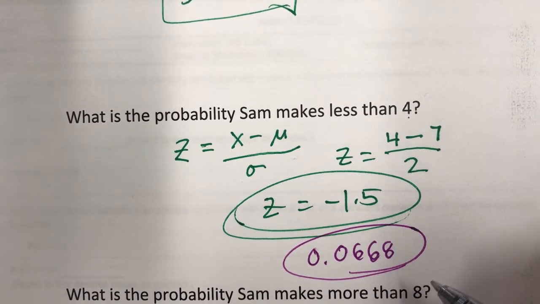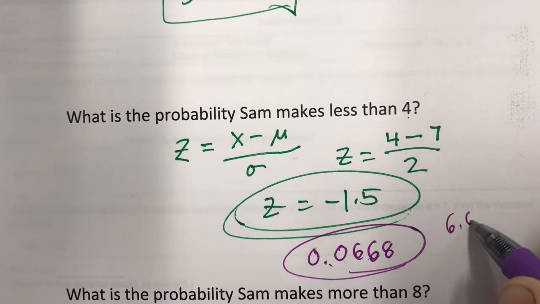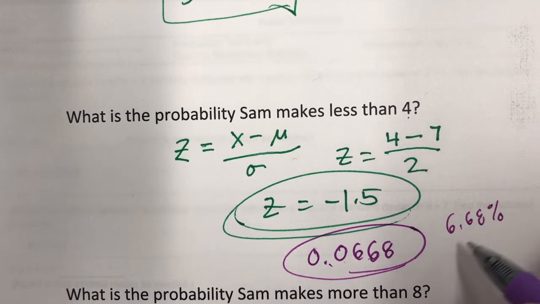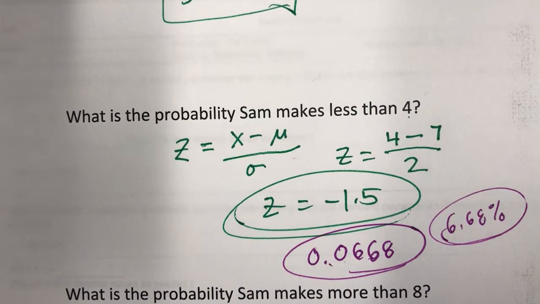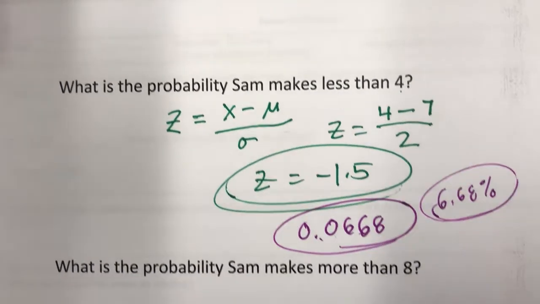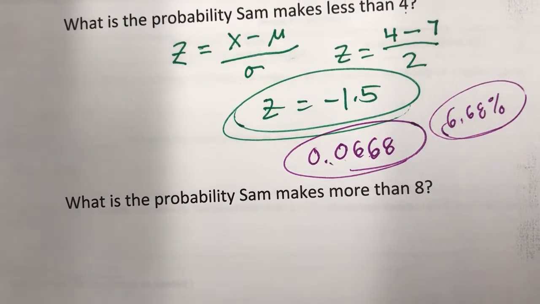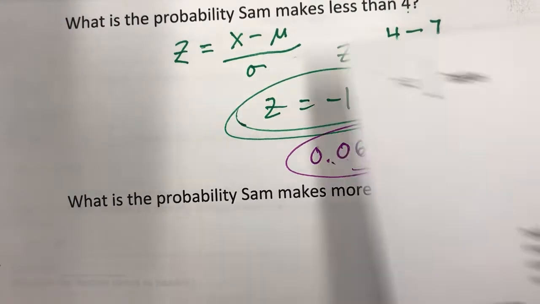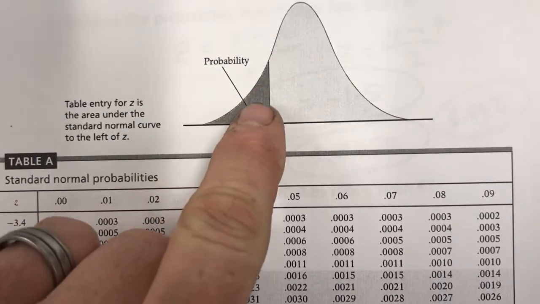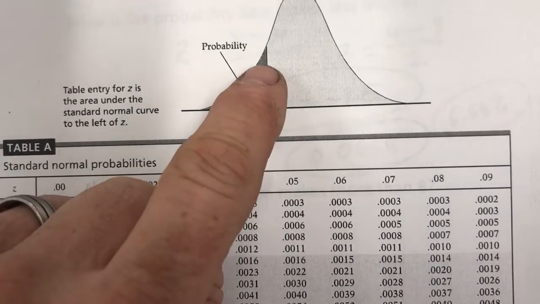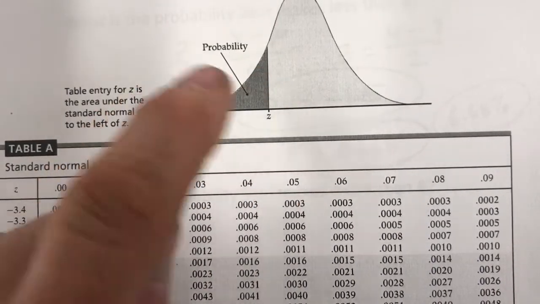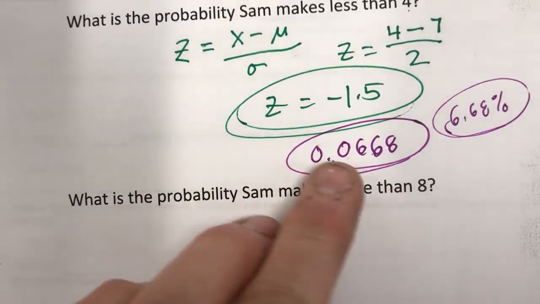If you move it over 2 places, that's 6.68%. It's about a 6% chance he makes less than 4. And again, I didn't point this out, but on the table, these z-score values, these probabilities, are the area less than that value, which is what we wanted here, less than 4.